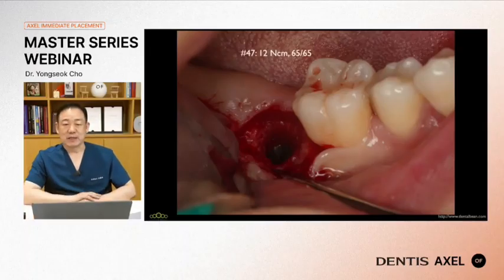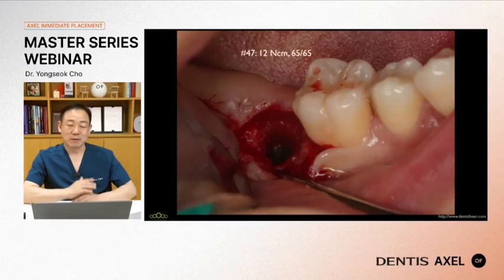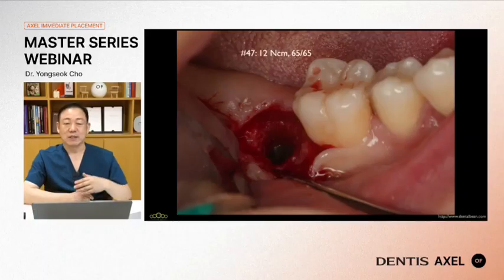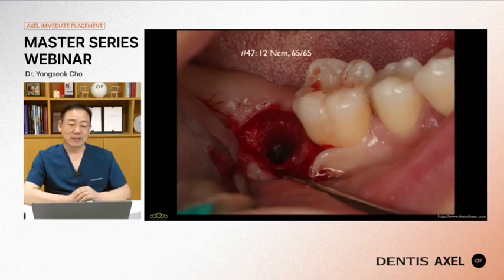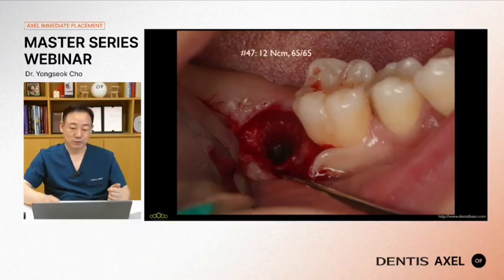If you are a beginner, I recommend you connect a cover screw, but connecting a cover screw requires second stage surgery. My purpose of opening the flap was to increase buccal tissue by an apically positioned suture. So I decided to connect the healing abutment, and with the apically positioned flap, I will increase labial tissue volume.